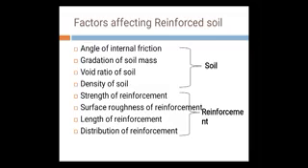So the length of the reinforcement will affect the soil reinforcement. Then the distribution of reinforcement. We have seen in concrete what type of distribution we can do with the main reinforcement.